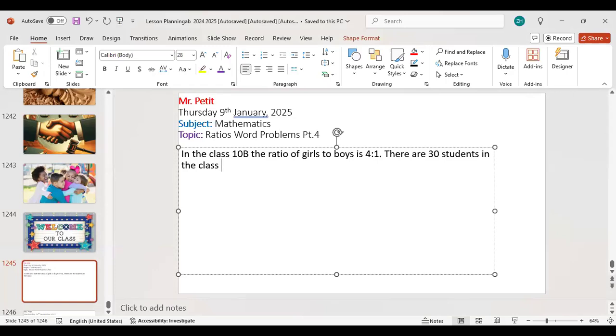What I want you to do is, in class 10B, the first question: work out the number of girls in class 10B. That's the first question.